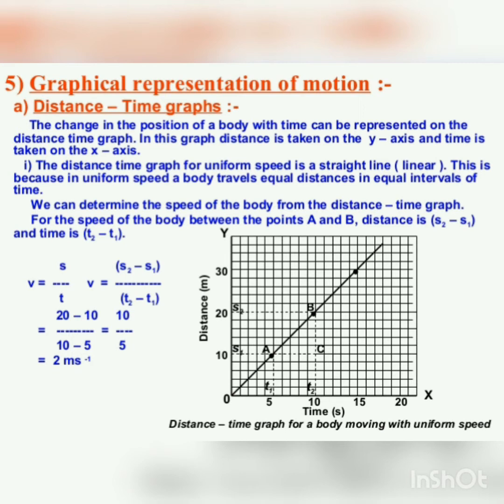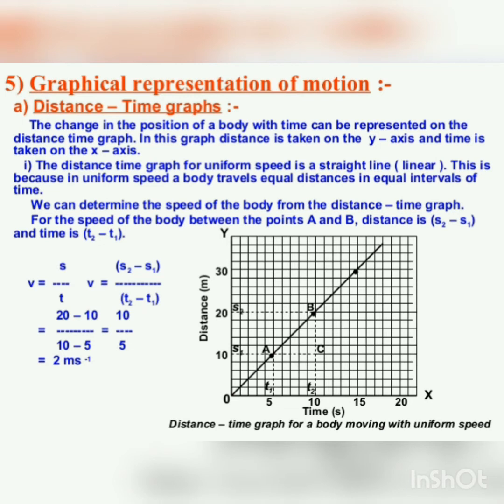So we can determine the speed of the body from the distance time graph. For the speed of the body between the points A and B, distance is S2 minus S1, that is the initial distance and final distance, and time is T2 minus T1, that is final time to reach that point and the initial time when it started.